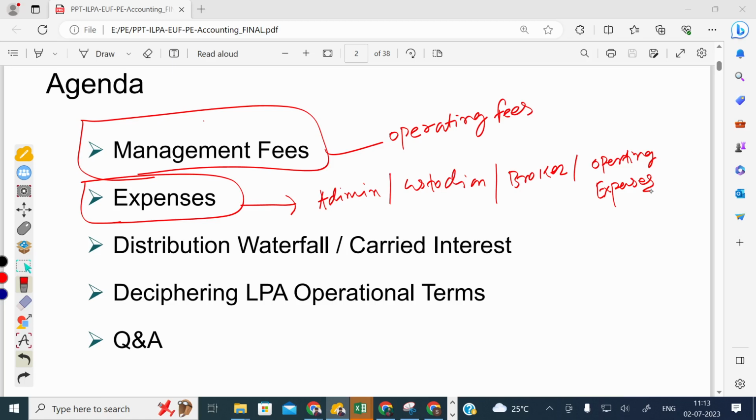But in reality, while working on a fund, you would see two expenses. One is management fees and another one is partnership expenses.